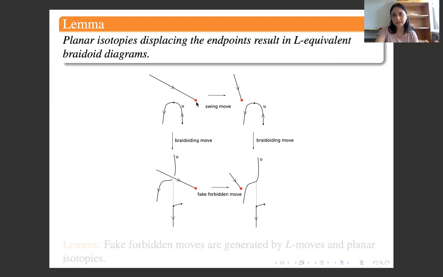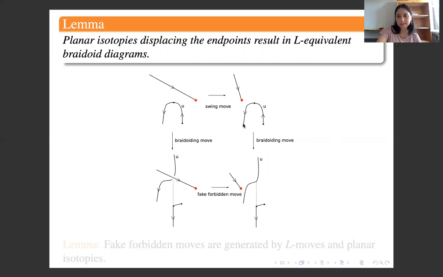So let's swing the endpoint of the knotoid diagram with respect to this upmost point, the cut point of the up arc here labeled by U. In the first instance, it's here, and I apply the braidoiding move. I obtain this diagram here, where the arc of the endpoint crosses over the resulting braidoid strand.